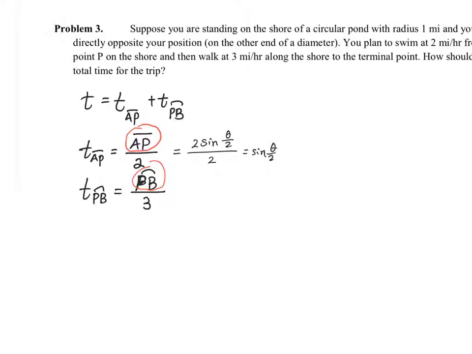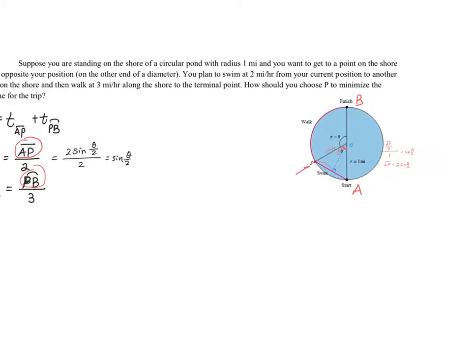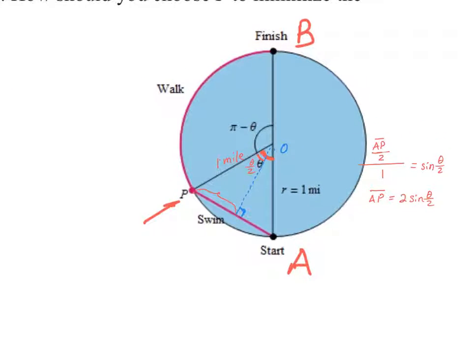Now let's look at the other one. To find PB, which is the arc length. So this is the arc length for this angle. And if we define this as theta, then this obviously is pi minus theta. The arc length formula is equal to the radius times the corresponding angle.